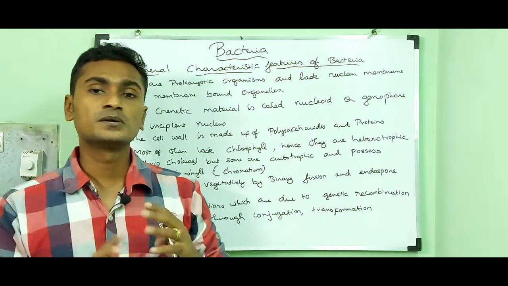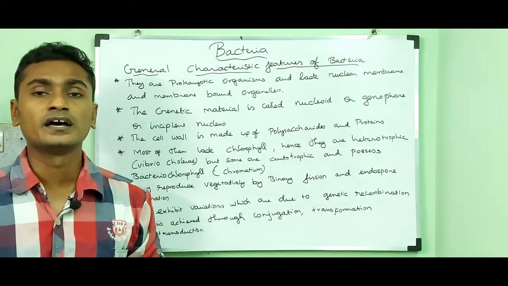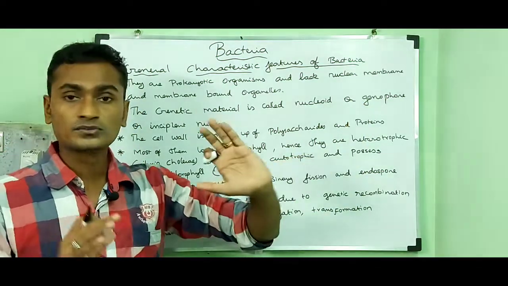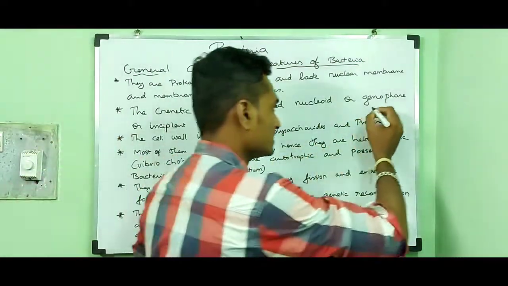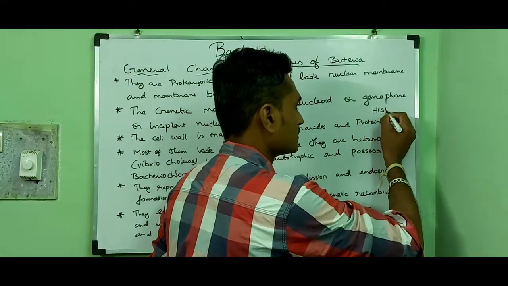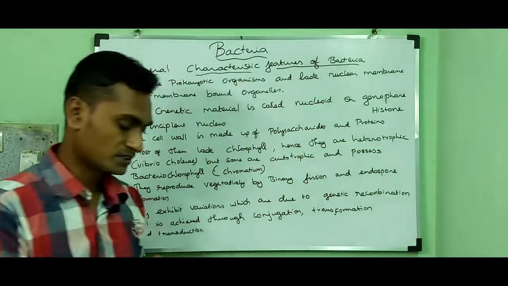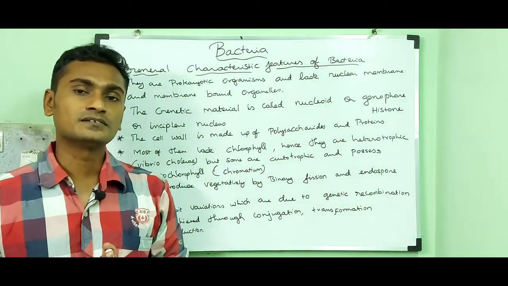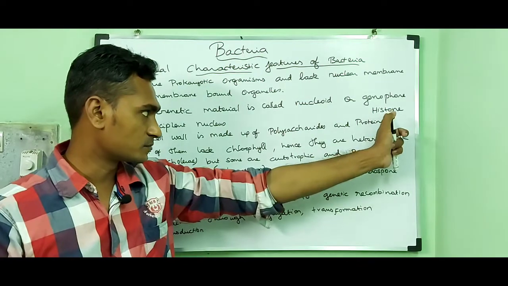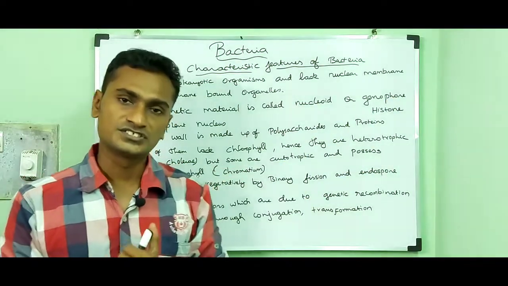That nucleic acid may be DNA or RNA, and the genophore does not contain histone proteins. So it contains nucleic acid but does not possess histone protein, and that structure is called genophore.